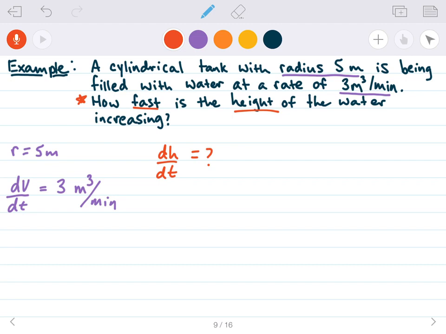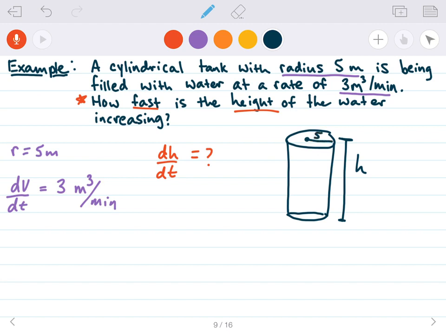Well, how about we just use the volume of a cylinder? If we have a cylinder, let's just draw it. Here's our tank. Here's our cylindrical tank. Our height is how tall it is, and our radius here is 5 meters.